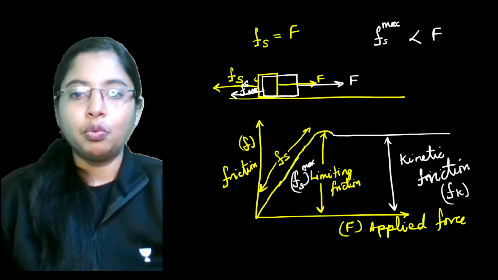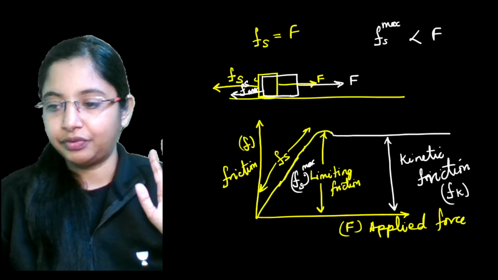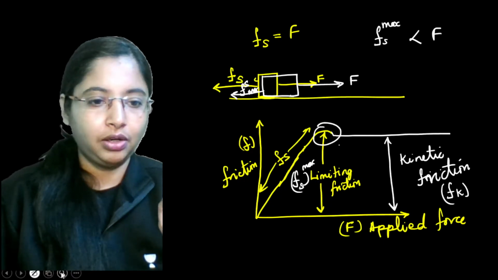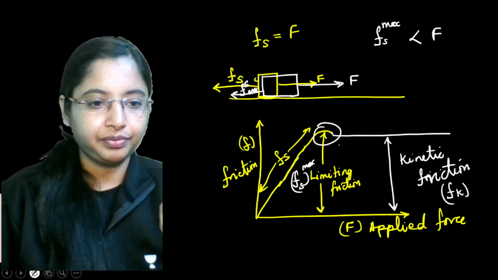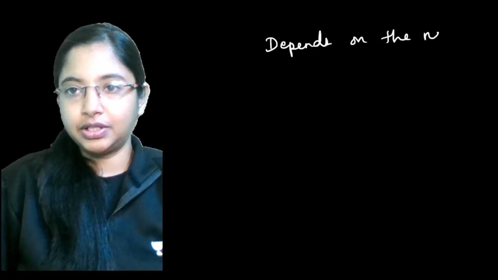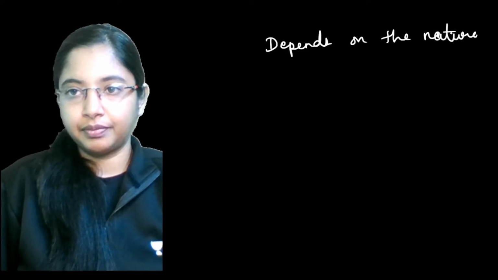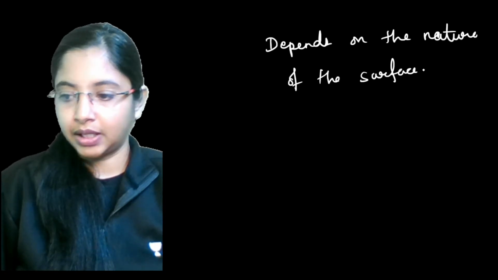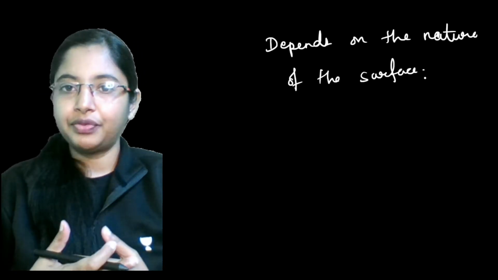Alright. Now, what are the laws for limiting friction? Very simple points. One thing is, this limiting friction depends on the nature of the surface and contact.